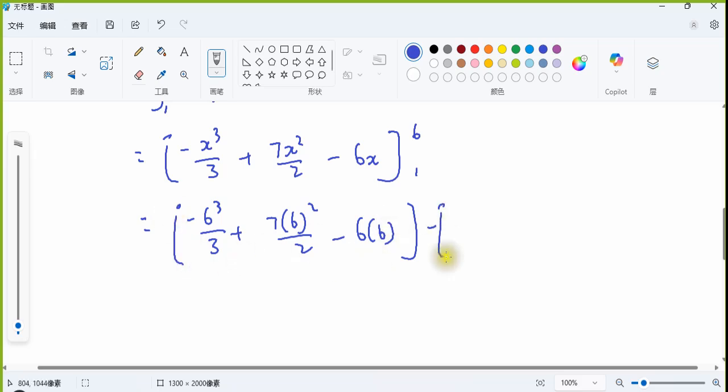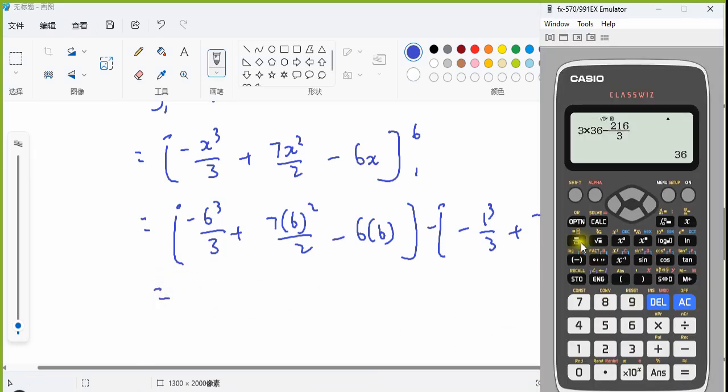And then minus negative 1 cubed over 3 plus 7 times 1 squared over 2 minus 6 times 1.